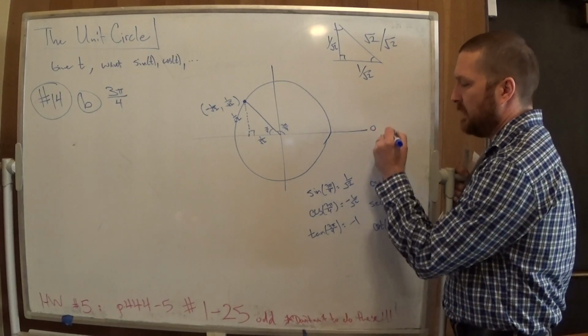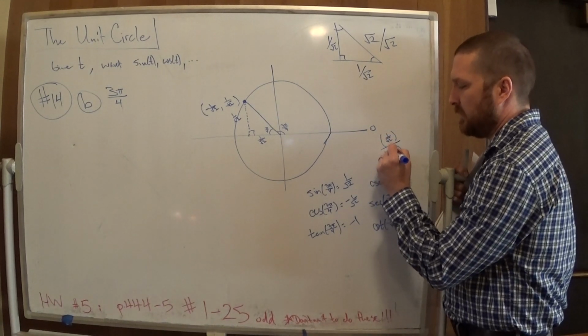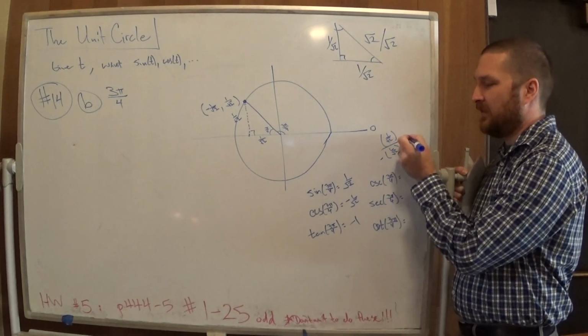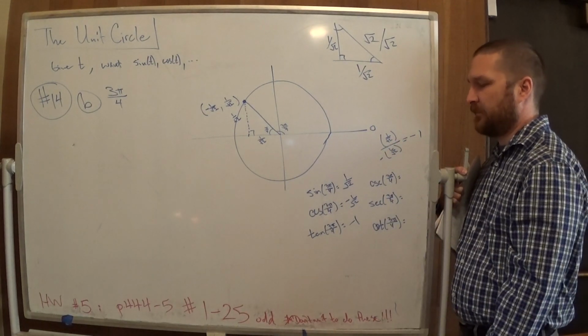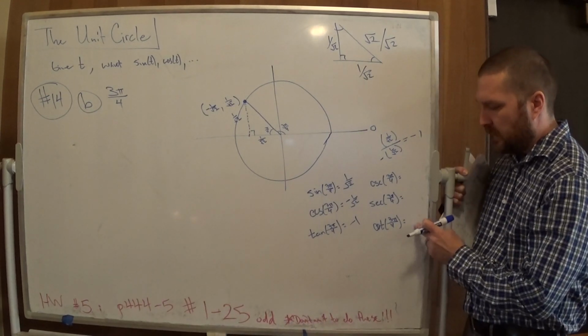Because you have the sine, 1 over root 2, over the negative of the exact same thing. Whatever number that happens to be, if that was a 75 over a 75, it would always be negative 1, right? Okay. Cool.